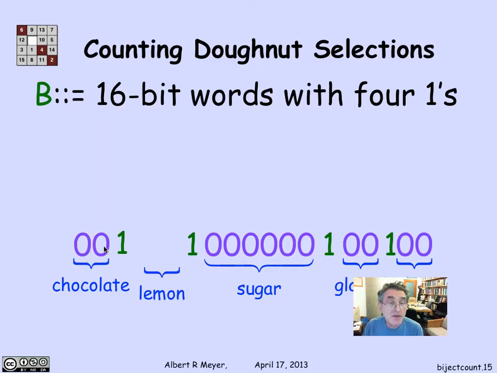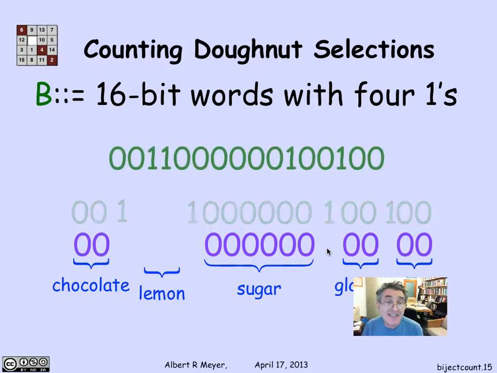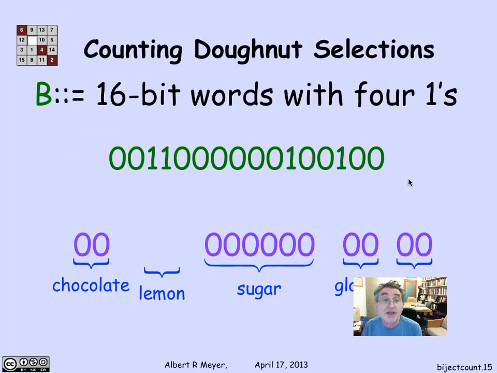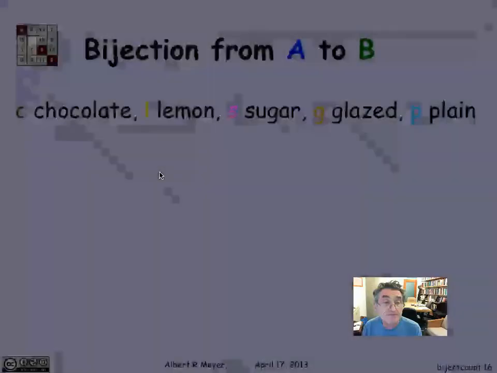So after the chocolate donuts, I put a 1, and then after the lemon donuts, there happen to be none, I put another 1, and then after the 6 sugar donuts, I put a 1, and then I consolidate and extract from the donut selection this 16-bit word with 12 zeros corresponding to 12 donuts and 4 ones corresponding to breaking up those groups of zeros into 5 categories, 5 slots corresponding to the number of donuts of each flavor.